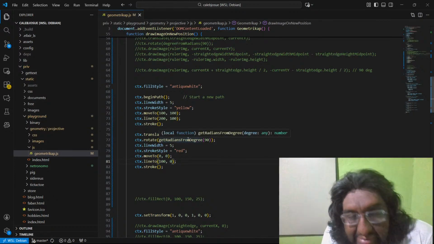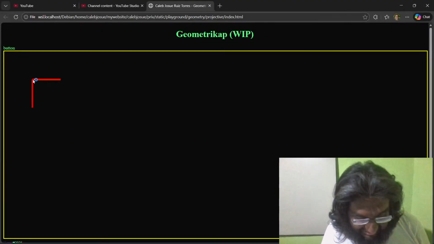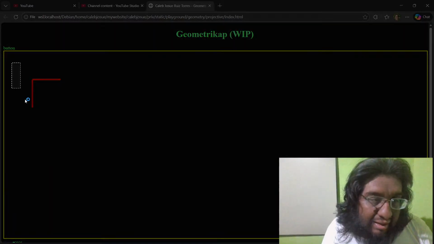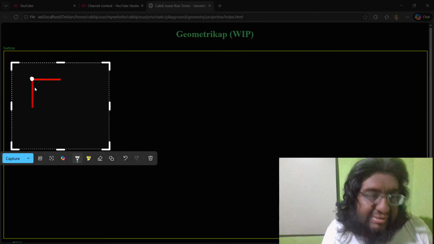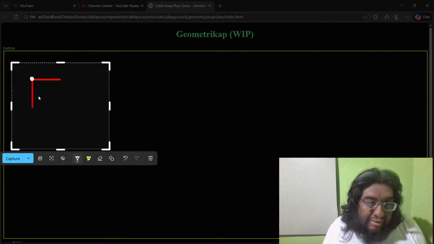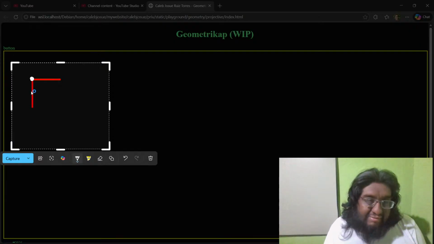So the radians, this is the... okay, this is the 0, 0. Then we rotate the viewport 90 degrees.